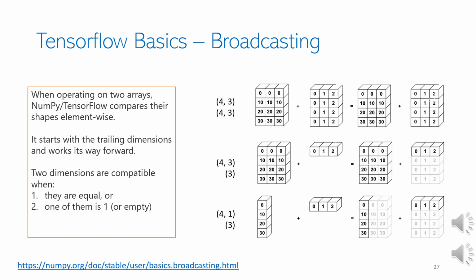So for the second tensor, we will repeat the first dimension to get 4. As you see, both tensors at the end of this repetition procedure will become the same shape. So basically, at the end, we have two 4 by 3 tensors that can get added element-wise.